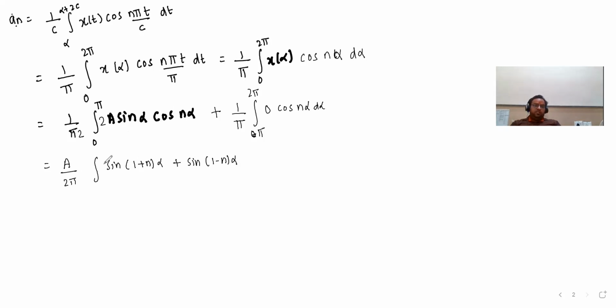And a comes outside. This varies from 0 to pi, and this entire thing is integrated with respect to alpha.